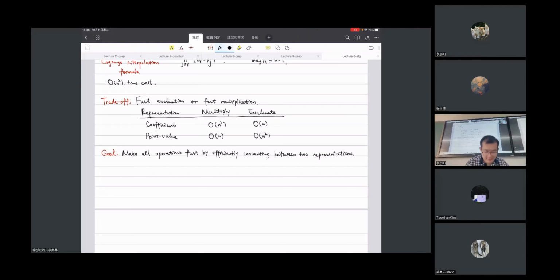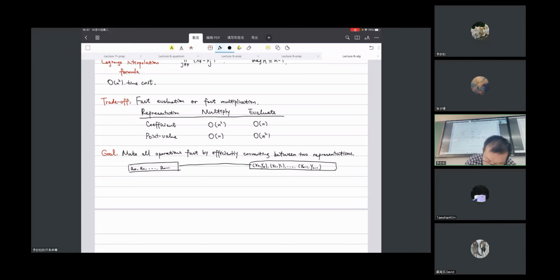Right. So what do I mean by that? For coefficients, we are going to have a few values, A0, A1, until A_{n-1}. And for the point value representation, we are going to have a bunch of different values, which are x0, y0, x1, y1, until x_{n-1}, y_{n-1}.